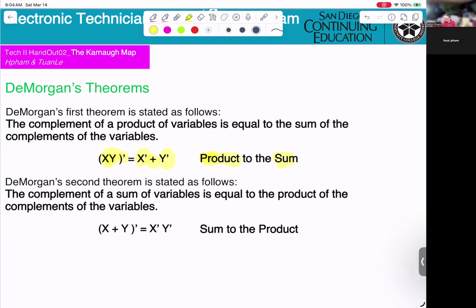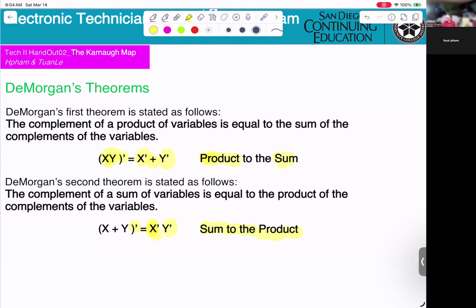And another way, you get X or Y will be not. Then you convert it. X will be X not. Y will be Y not. All will be AND. So the sum now is converted into product.